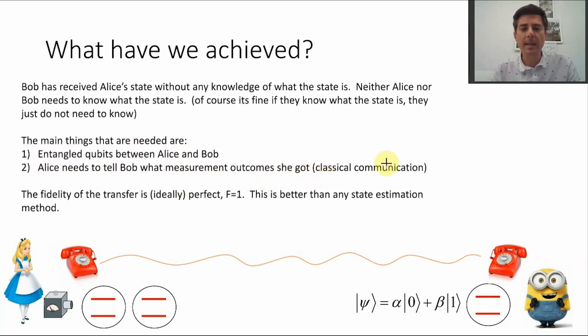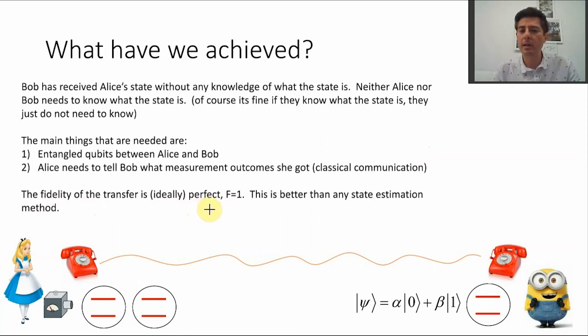Right? And as I was explaining in the earlier part, one of the important aspects of this is that the fidelity, as in how well you can transmit the state, is actually perfect. Even though they never know what the state is, they can do a perfect transmission of this state.